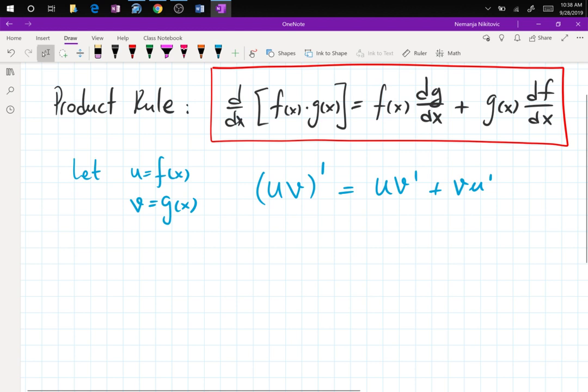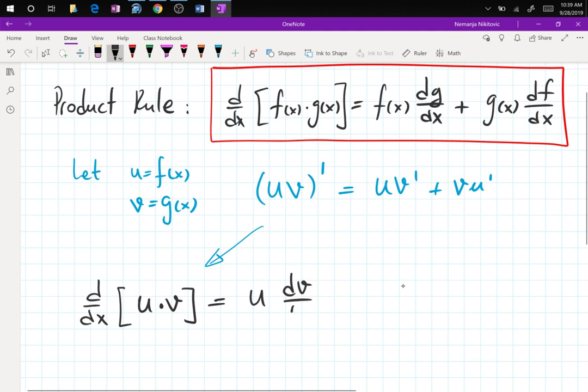So now what I'm going to do is derive the integration by parts formula from the blue one. If I take the blue formula here and write it as the derivative of u times v is equal to u dv dx plus v du dx.